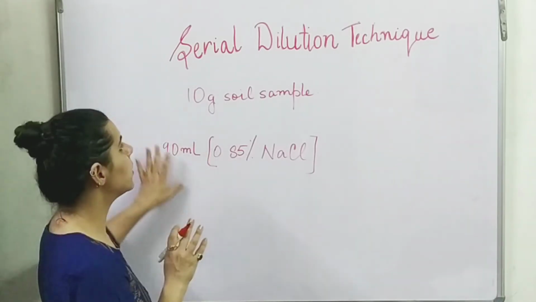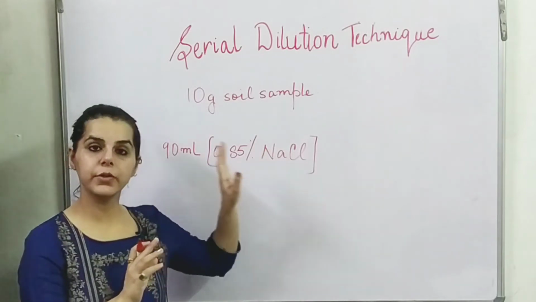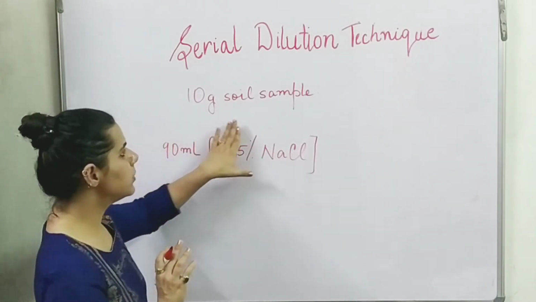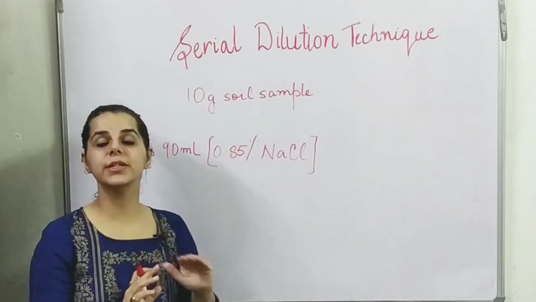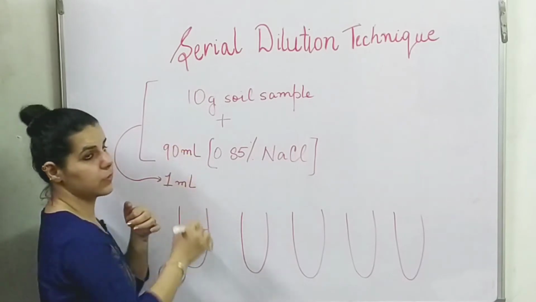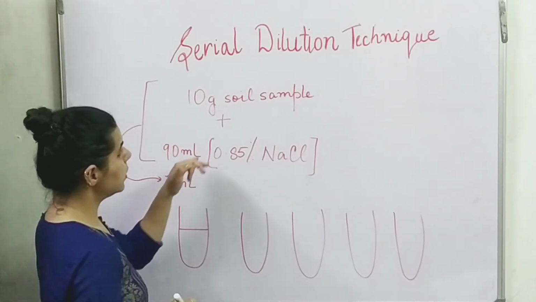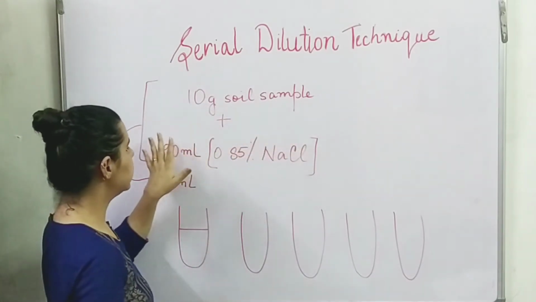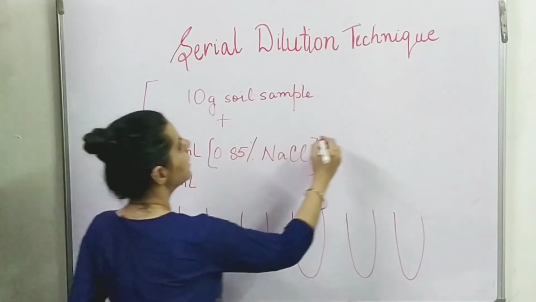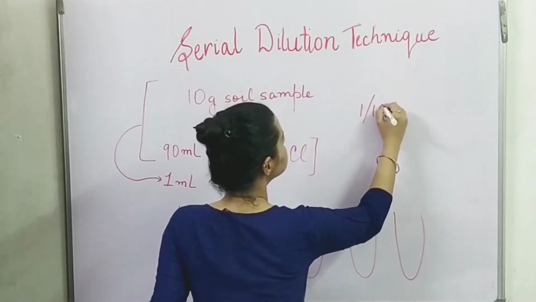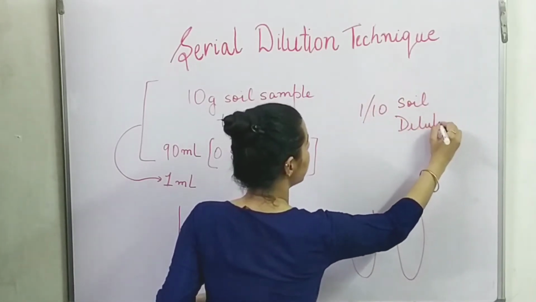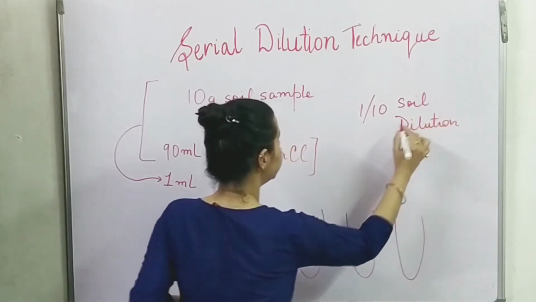So this is how we are going to make our first dilution, and from this we will further proceed and make the further dilutions. So 10 gram of soil sample in 90 ml of 0.85% NaCl will make our 1 by 10 soil dilution, right?